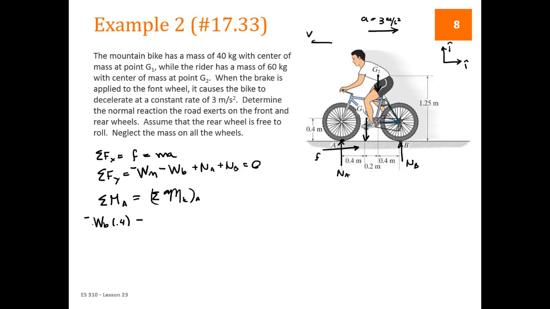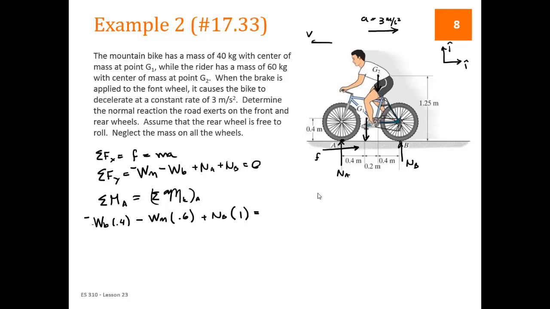Minus the weight of the man, also going to be a negative moment, times the distance to where that acts is 0.6. Plus the NB, the positive moment, times 1 is the distance. So those are all the forces that cause a moment around point A. On the other side, we have the kinetic moments.